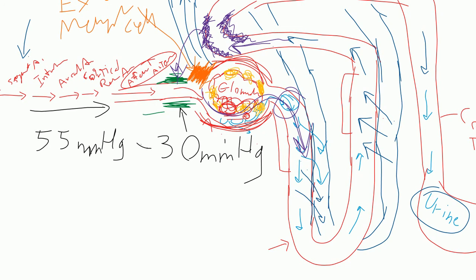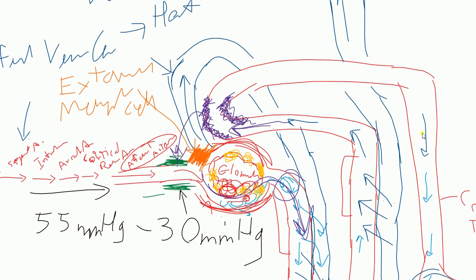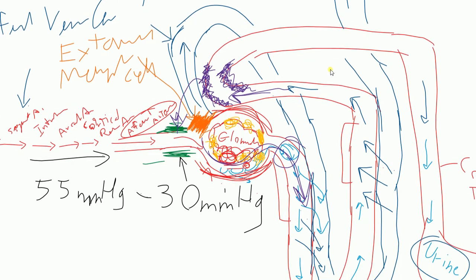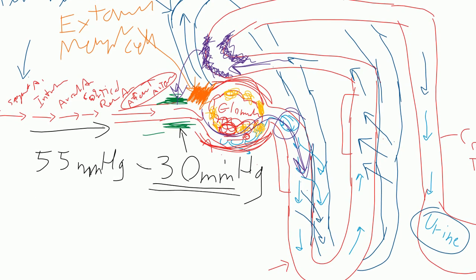The oncotic pressure is due to all the blood and all the content right here in the efferent arteriole, all the stuff that you keep inside of the blood, all the good stuff. Those will account for a lot of your 30 millimeters of mercury. This includes albumin and all the other plasma proteins hanging out on the inside.